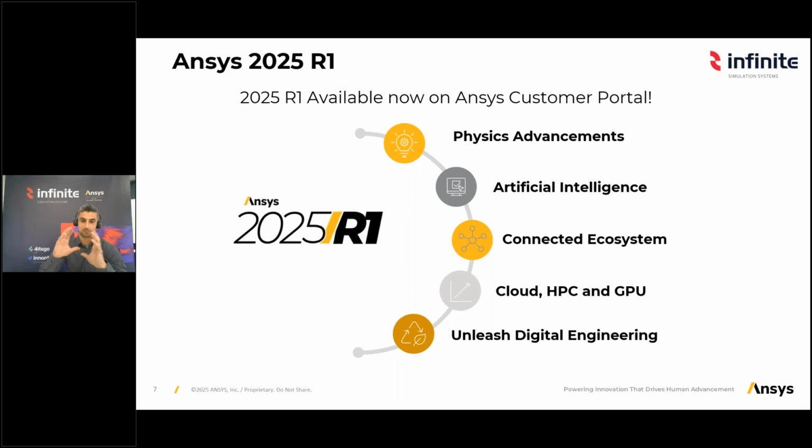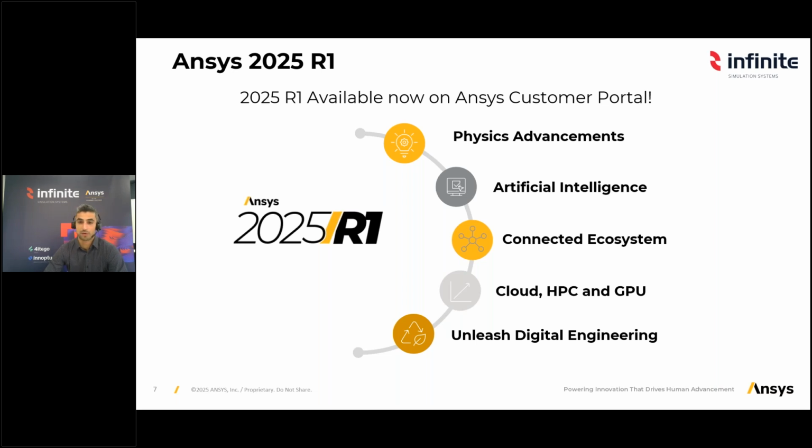Just as a first general introductory slide, I picked this one to also show you that across all the different products, we see that the improvements are actually aligned with the technology strategy of Ansys, also on the long term.